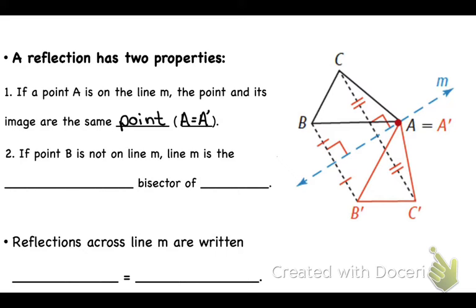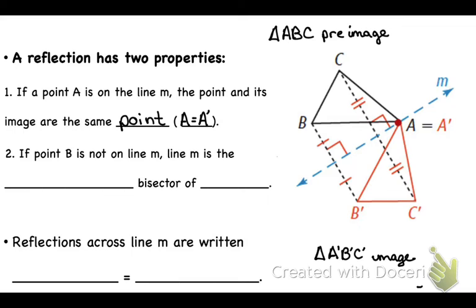So I probably need to distinguish the difference between A and A prime, right? So triangle A, B, C would be the pre-image. And then triangle A prime, B prime, C prime would be the image.